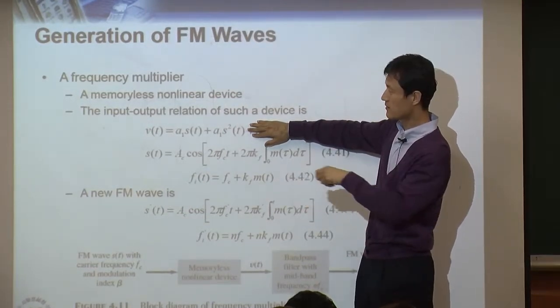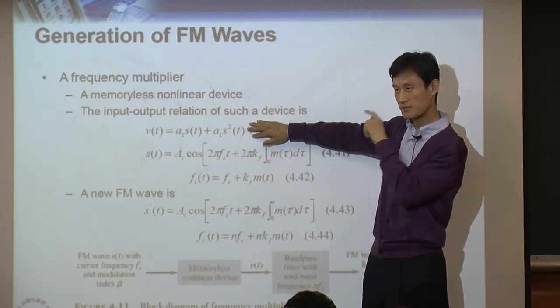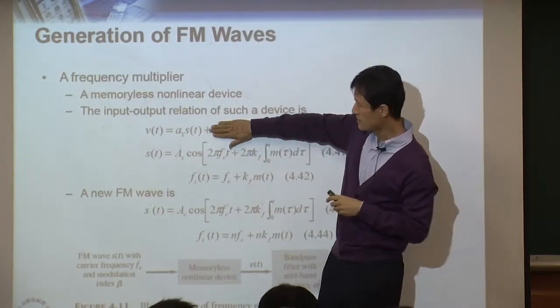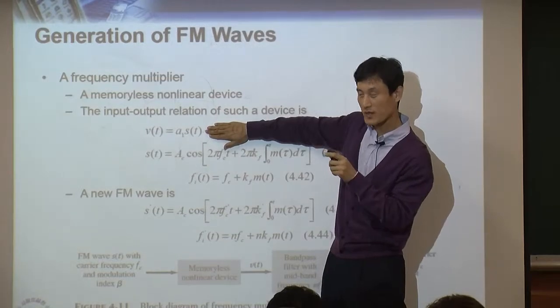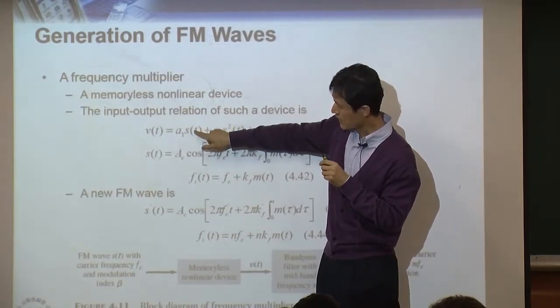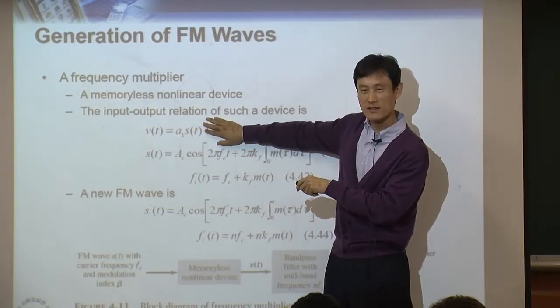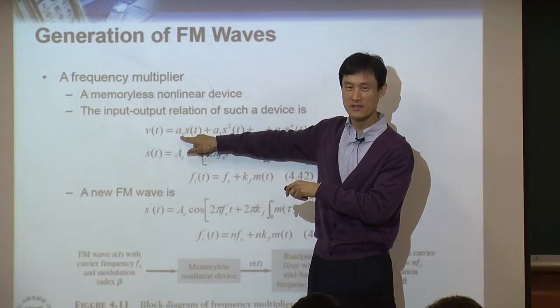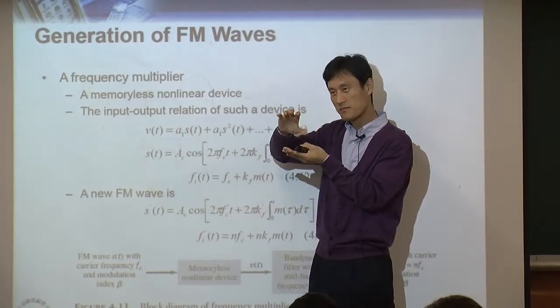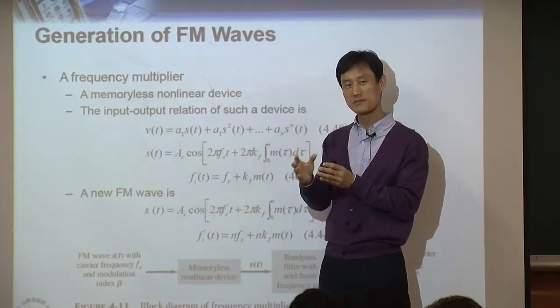What is the output when you use that cosine as the input in this device? Let's look at the linear one first, the simple way. Let's say our input is a cosine. So when s(t) is a cosine, what is the output? Same cosine. Just multiplied by gain. Maybe bigger or smaller, depending on a, but still the same cosine.